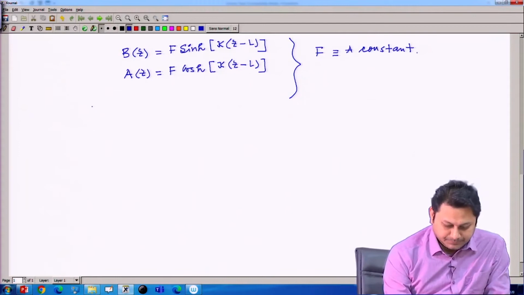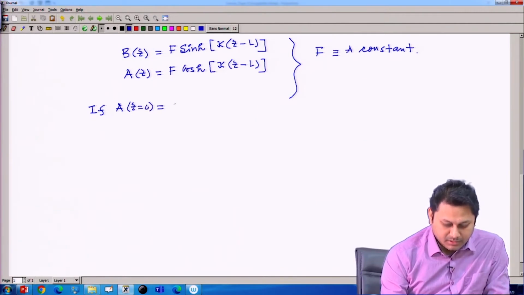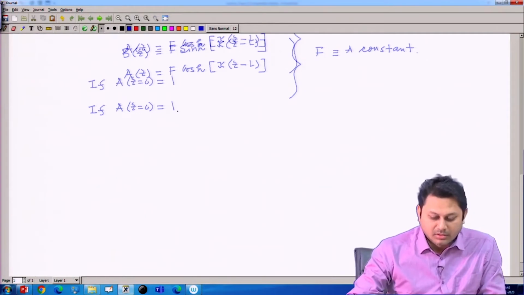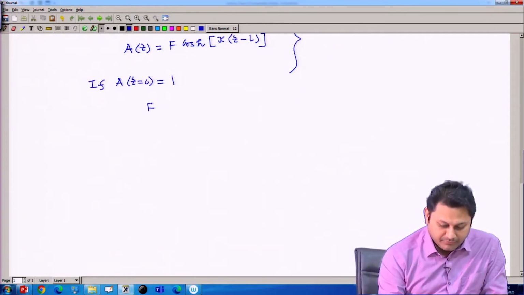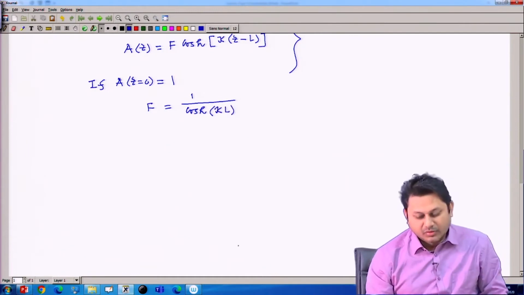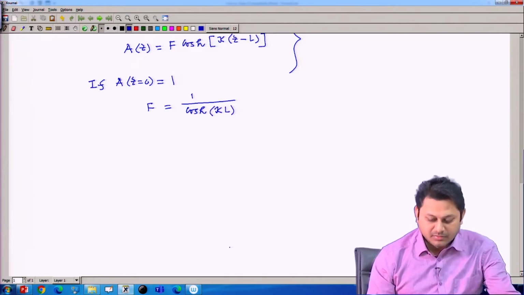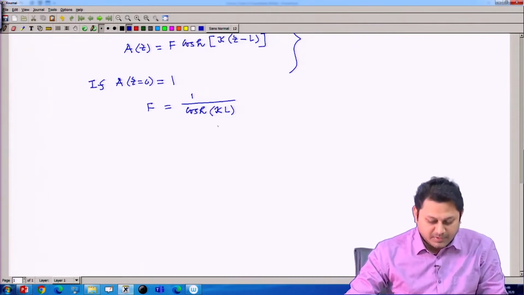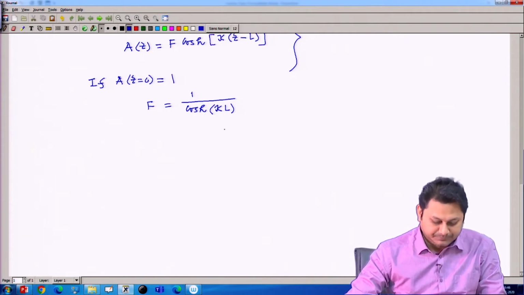Now, if A at z equal to 0, at the input, is considered 1, then I can write f simply as 1 divided by cosh of kappa L. So, cosh kappa L is a constant, and I can write f in terms of the coupling constant kappa and the grating length L.